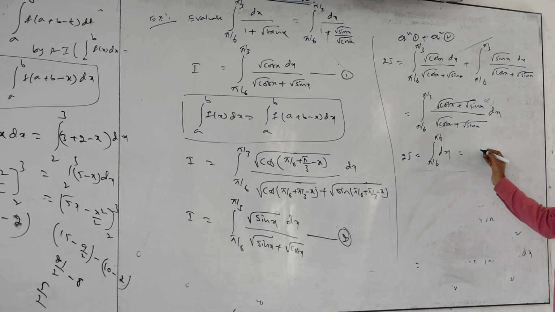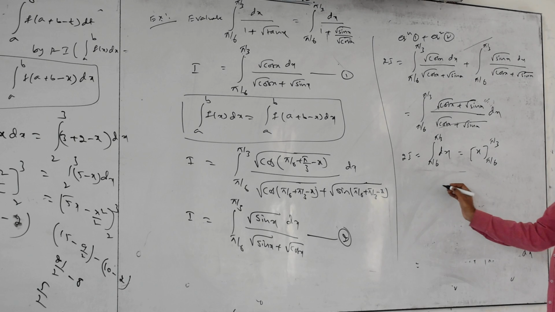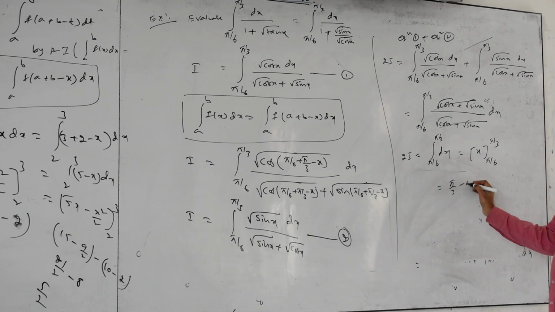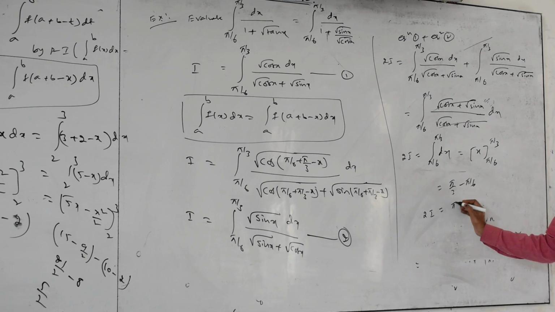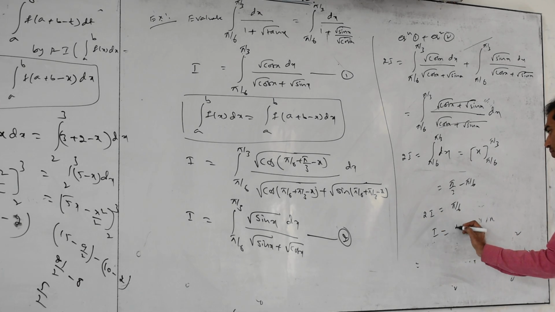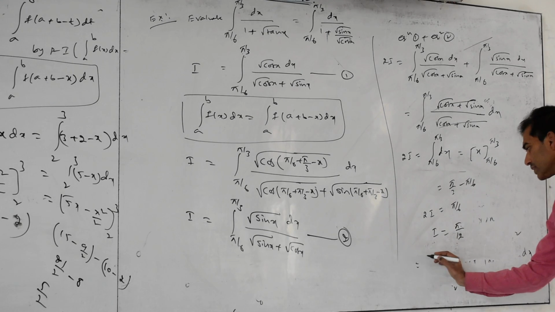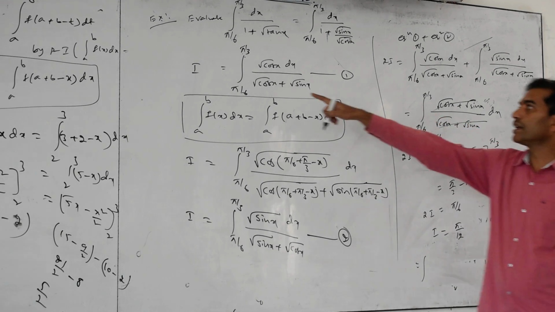Integration of 1 is x, with limits pi by 6 to pi by 3. Applying the upper limit, pi by 3 minus pi by 6, 2I equals pi by 6. Therefore I equals pi by 12. What is I? The given integral.